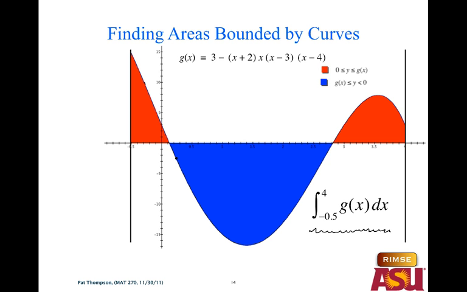So what's the contribution of these x values, of the rate function for these x values, to this integral? Negative, right? Because g is negative, when we go for those x values, the contribution to that total net change is going to be negative. Accumulation is going down. And then, when we get to here, accumulation starts going back up again.